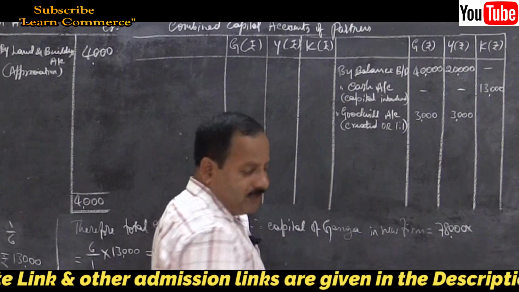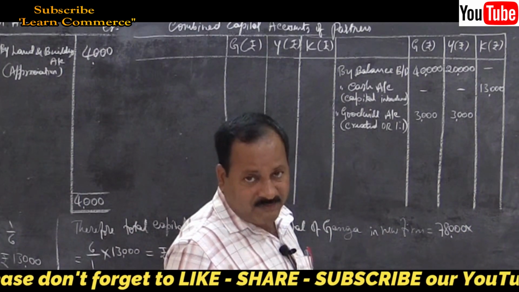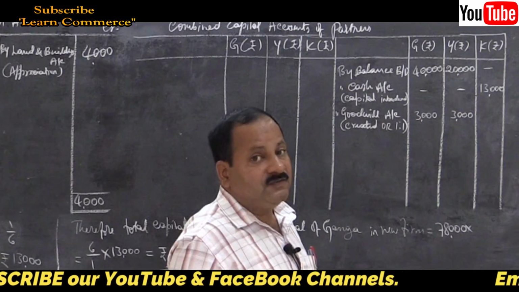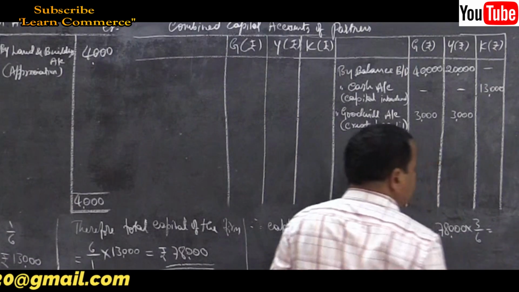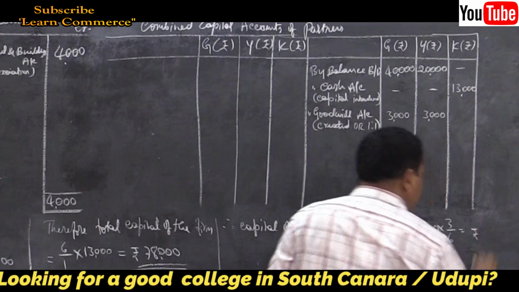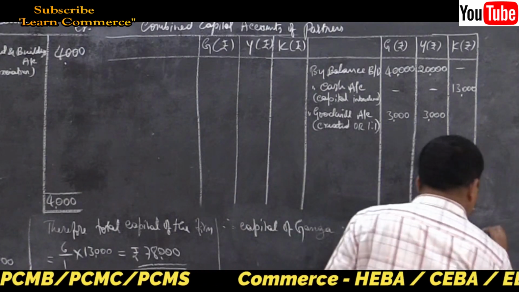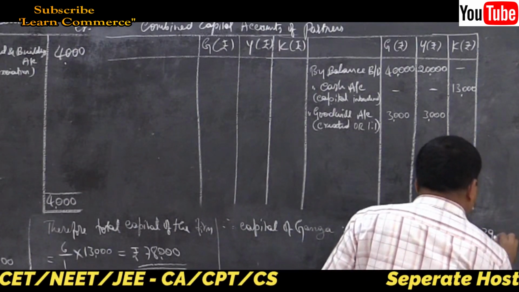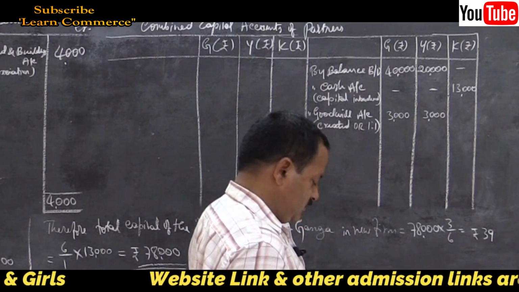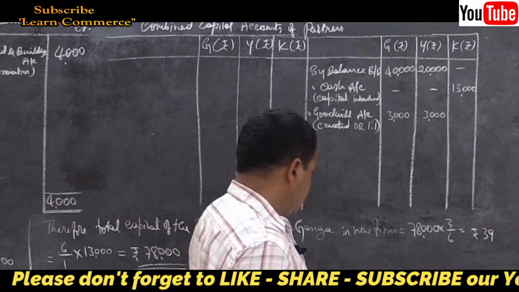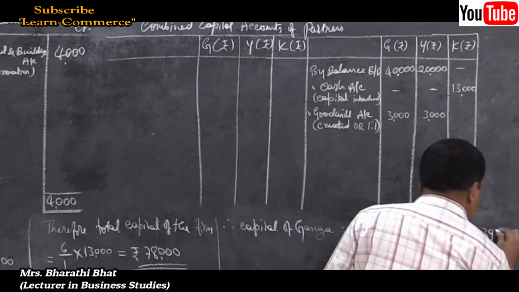into her new ratio. It is given as 3 to 2 to 1, 3 plus 2 plus 1, 6. So 3/6, right? 3/6 is equal to rupees how much? Rupees 39,000. Yes, 78,000, so 39,000.